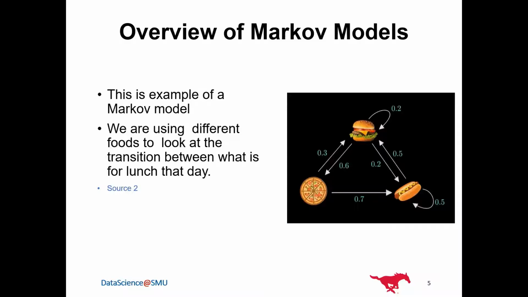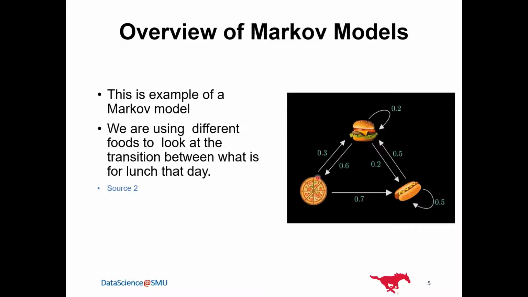For example, this is a Markov model here. We are looking at 3 different foods, for example in a lunchroom, and seeing what will be the food of the day.